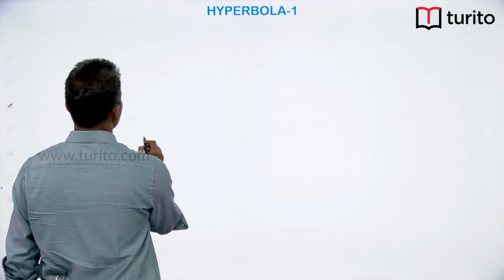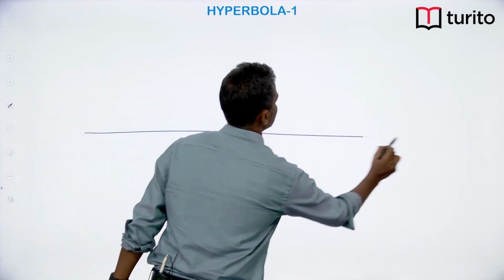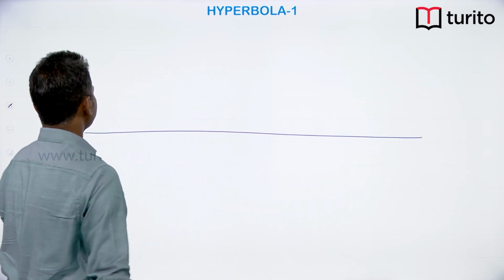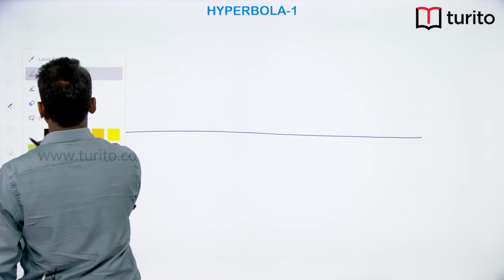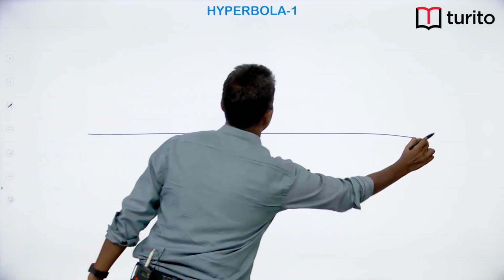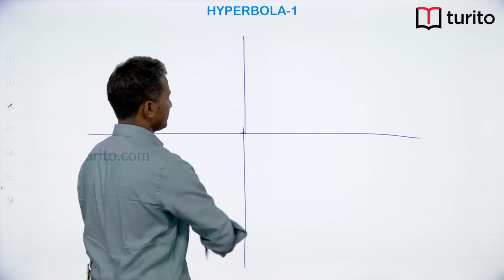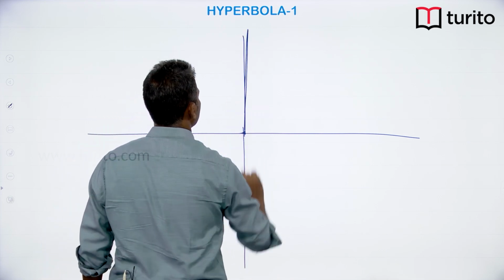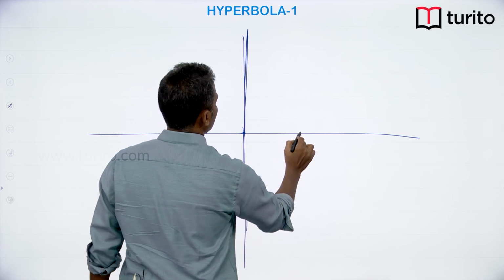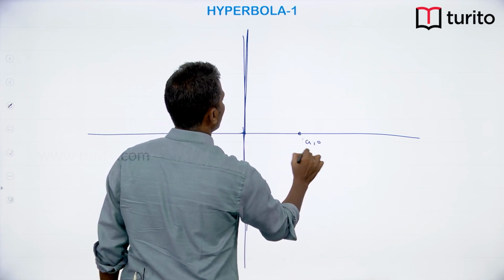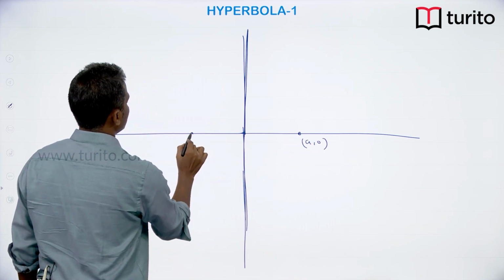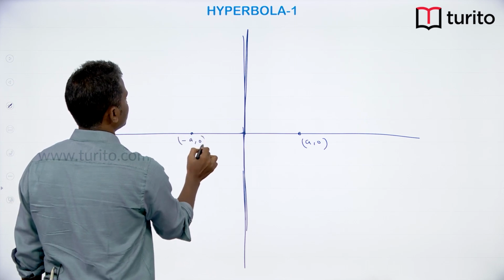Okay. So, let us say we have one x axis and one y axis. Let us say this is my (a, 0) point and this is my (-a, 0) point.